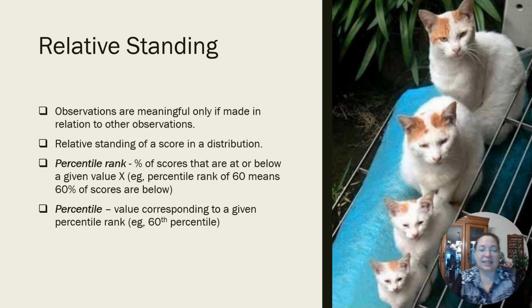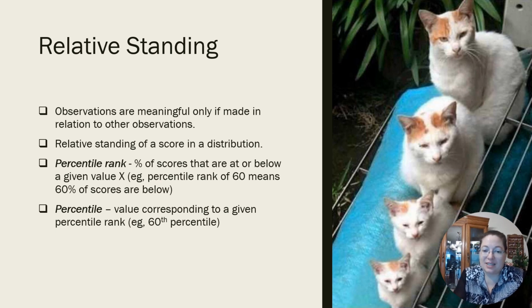Other ways to look at the relative standing of information in relation to the rest of the scores is by looking at the percentile rank or percentile. This is where you might have heard it in relation to your standardized school scores, or if you have children, your pediatrician has definitely used something like, oh, your child is in the 70th percentile.